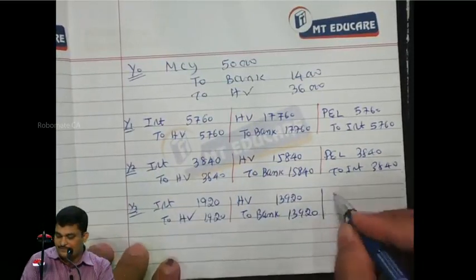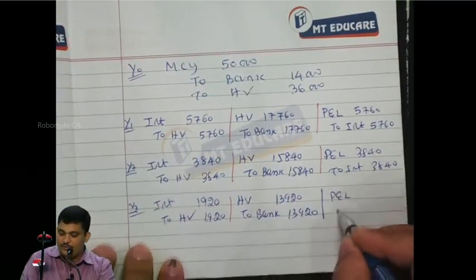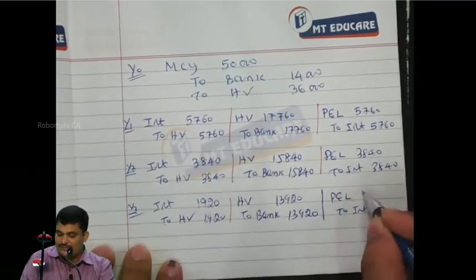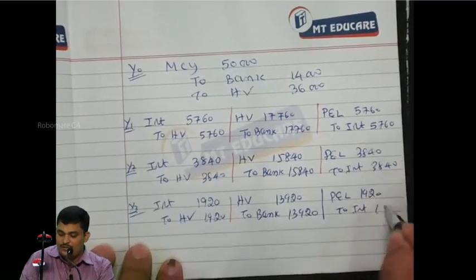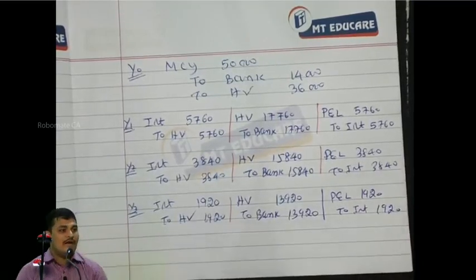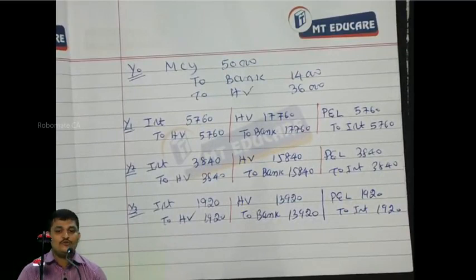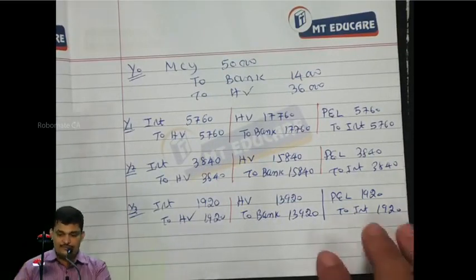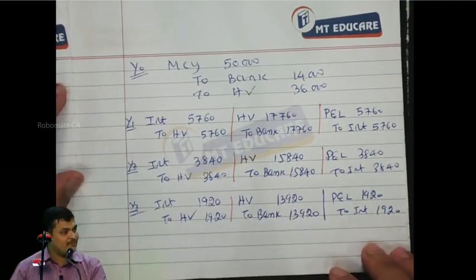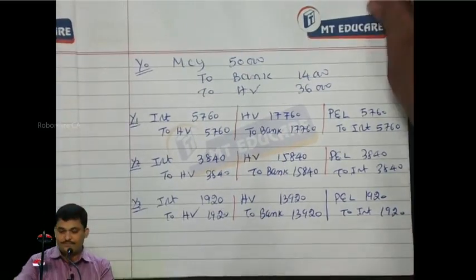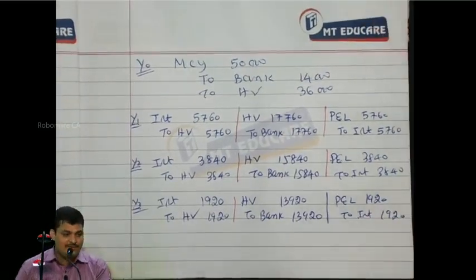So next, P&L to interest. How much? 1,920. Our 3 problems target reduced to 2 problems only. We have only 2 problems. I'm giving happy news. Now please listen.